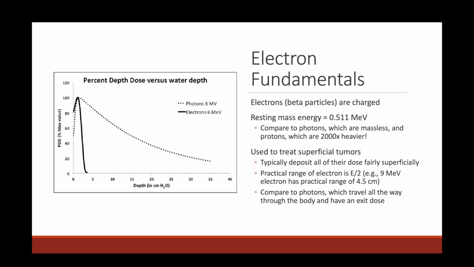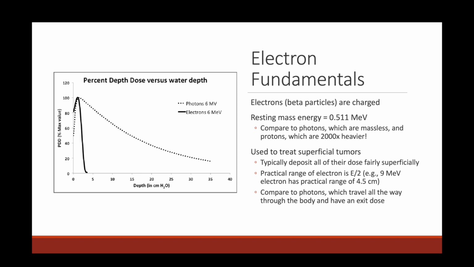Electrons, on the other hand, are very light, but they do have a mass, and because they have such a low mass, they don't travel very deep into the tissue. They tend to be very superficial, and thus they are used to treat superficial tumors. They typically deposit all of their dose fairly superficially, on the order of a few centimeters.